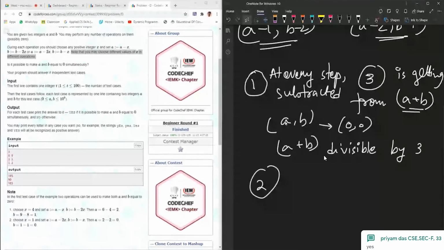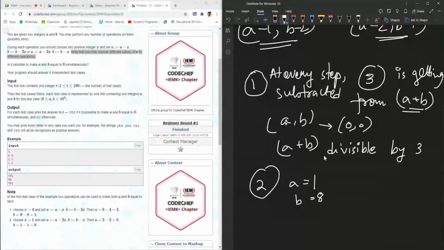But here comes the second case. If A is equal to 1 and B is equal to 8, what will you do now? Then A plus B is equal to 9 and 9 is divisible by 3. So it satisfies the first condition. So what is the second condition that we must apply to make sure that we get the correct answer?